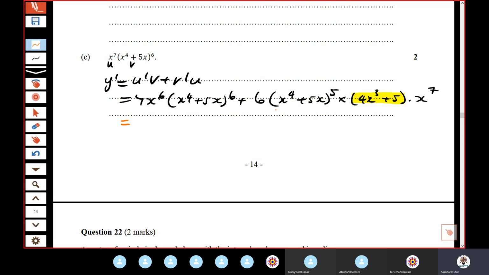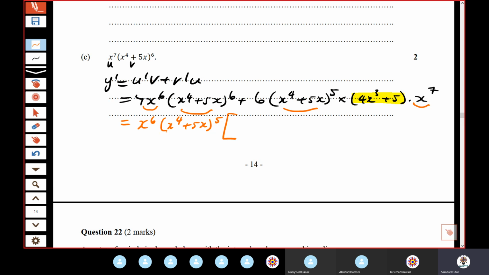And then all you would do at this stage to get your second mark is factorize your common factor. Your common factor being x to the 6, because that's in both of them, as well as this one here, to the power of 5. You've got to choose the smaller one. So x to the 4 plus 5x to the power of 5, open big bracket.